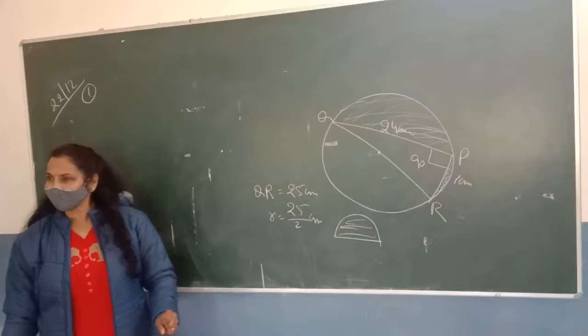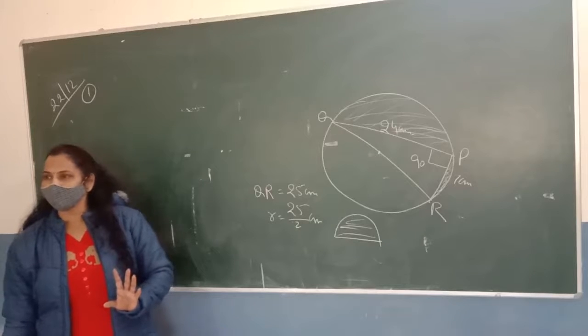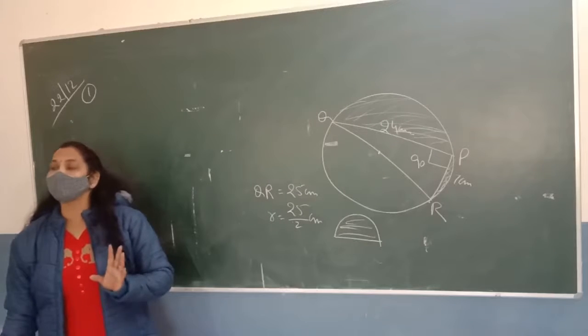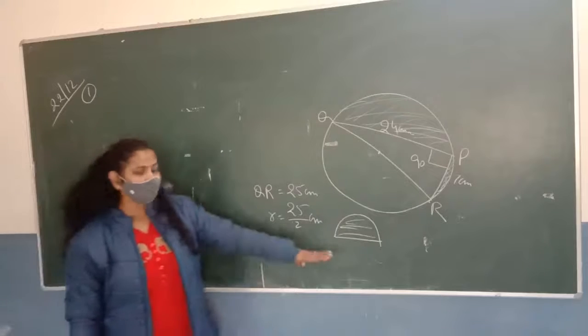Actually, you don't know the area of semicircle. Do you know the area of circle? What is the area of circle? 2 pi is the circumference of the circle. The area of the circle is pi r square. Semicircle means the half circle.